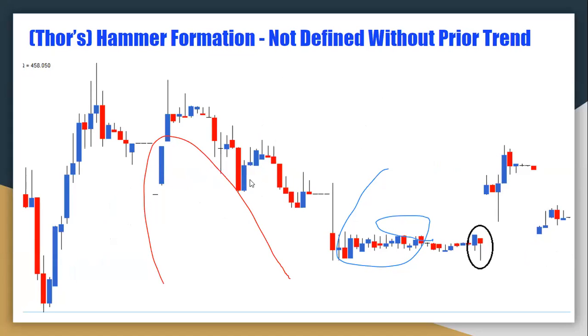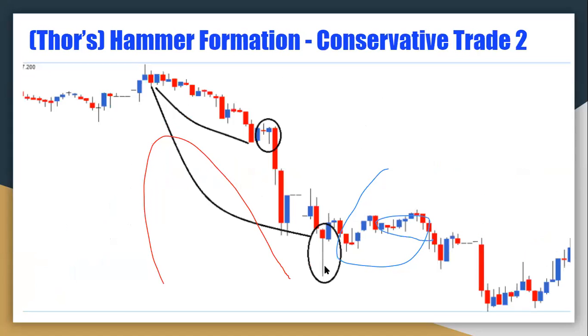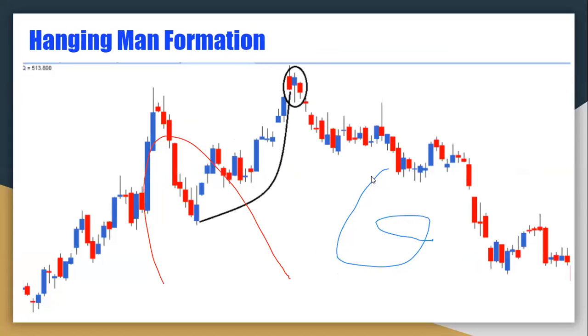And when the same pattern occurs in a downtrend, it is called a Thor's hammer. So pattern-wise, it is exactly the same. We have just given two different names, so that if somebody says hanging man, it means an uptrend was there, and if somebody says Thor's hammer, it means it was preceded by a downtrend.